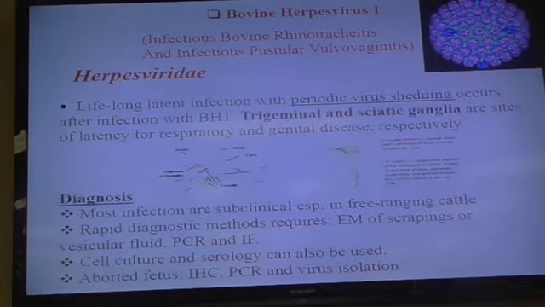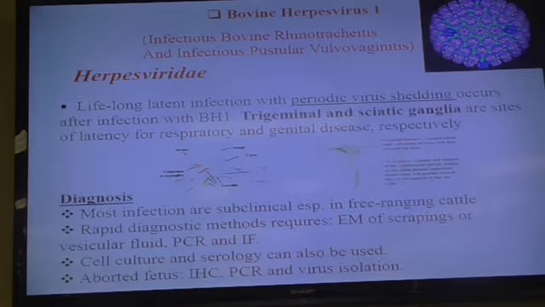and cause abortion. Now we know that herpes can hide, become latent, and usually it hides in ganglia. The trigeminal and the sciatic ganglia are usually the site where the virus hides. When the animals become immunosuppressed, then the virus flares up and comes out and causes those diseases.